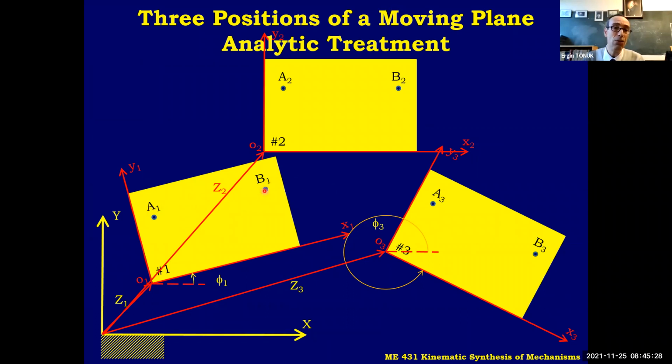And what can be done is very simple. We utilize the kinematic inversion. That is, we fix the moving plane. We let the fixed plane move. Then what happens is we will have the rotations inverted. The poles will become pole triangle.